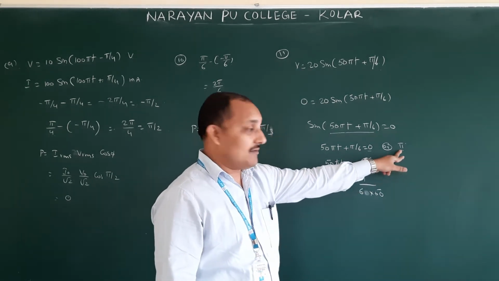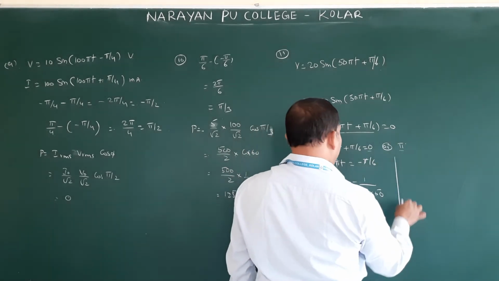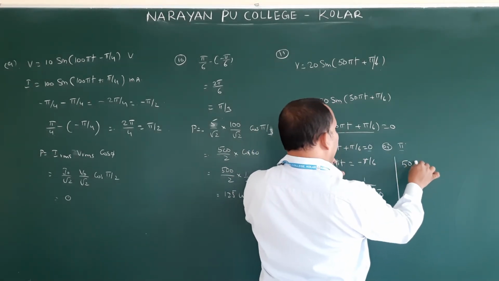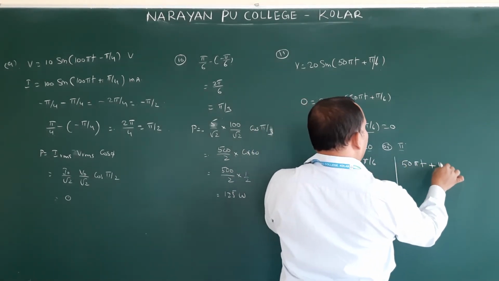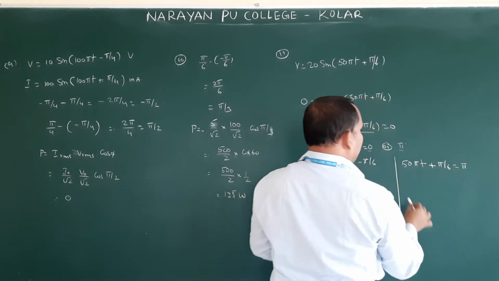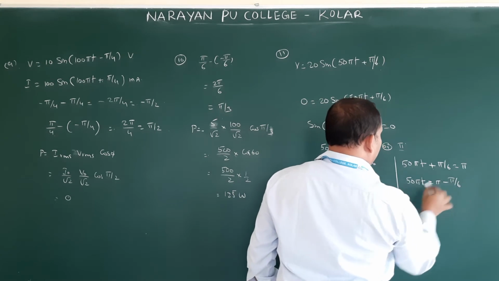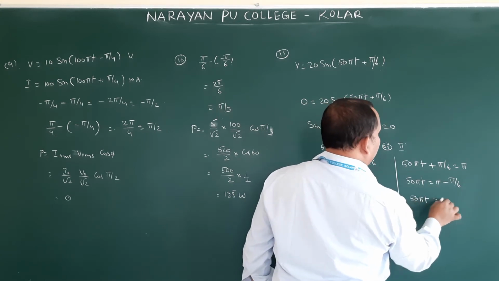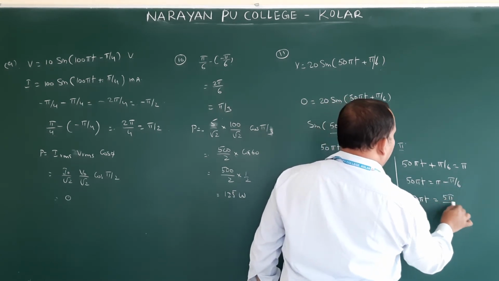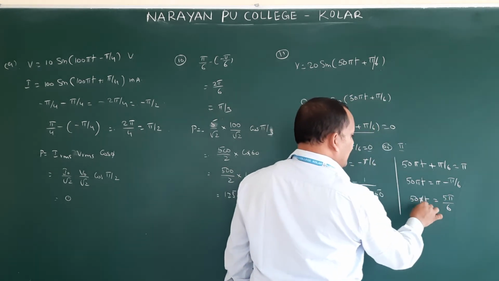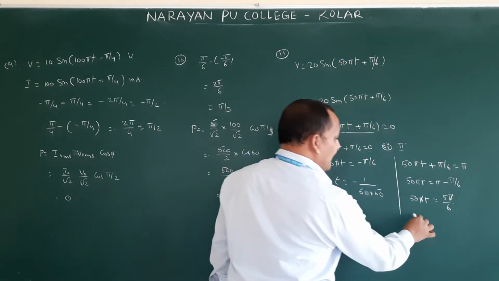Now, the π value we have. If you have taken π, 50πt + π/6 equal to π, so 50πt equal to π minus π/6. 50πt equal to 5π/6. Then π will be cancelled.